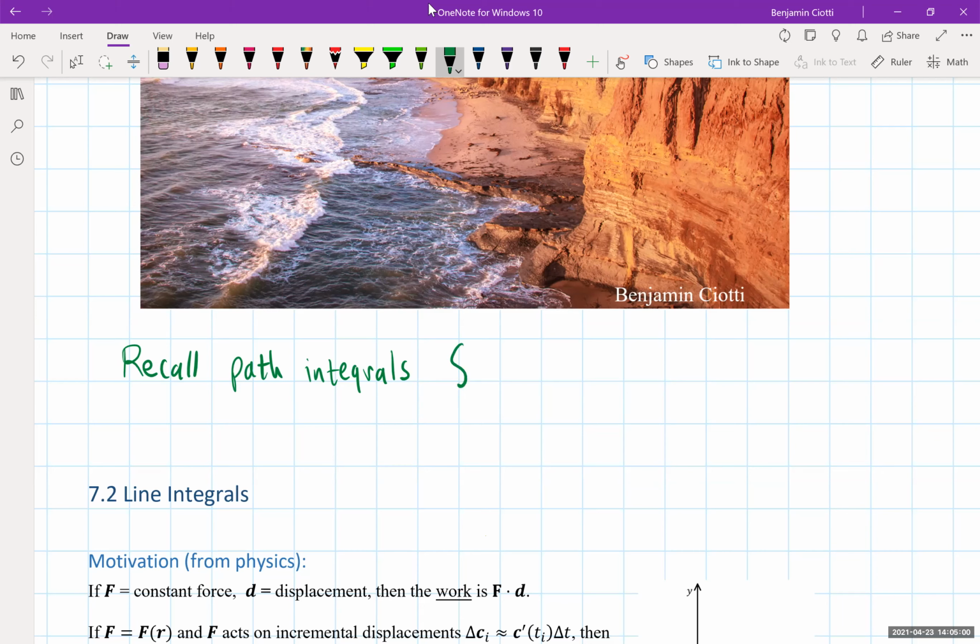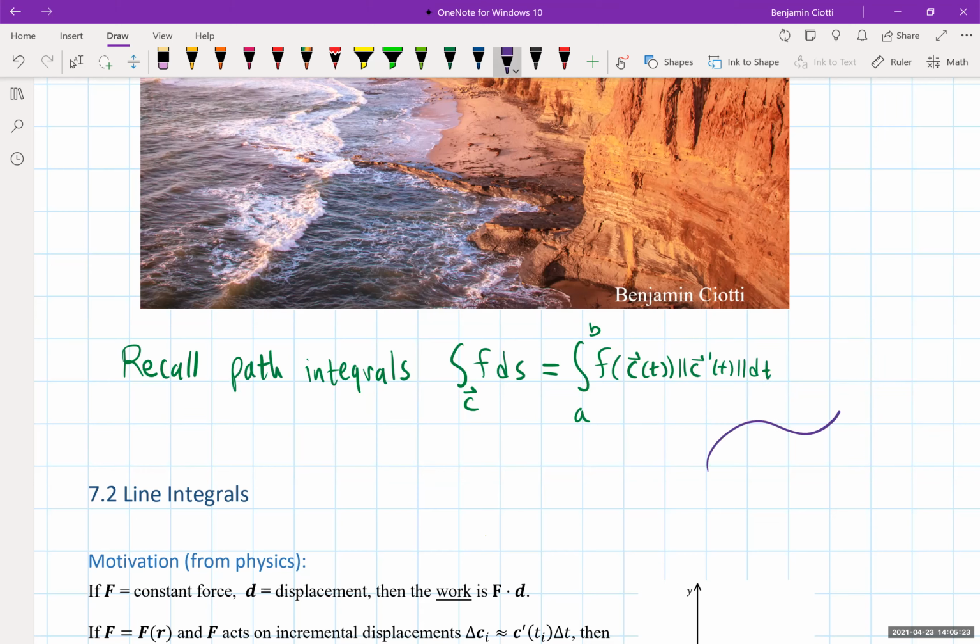If we wanted to integrate some function over some path, there was a formula for it that we learned. It was from the time the path starts to the time the path ends, times the differential path length element dt.